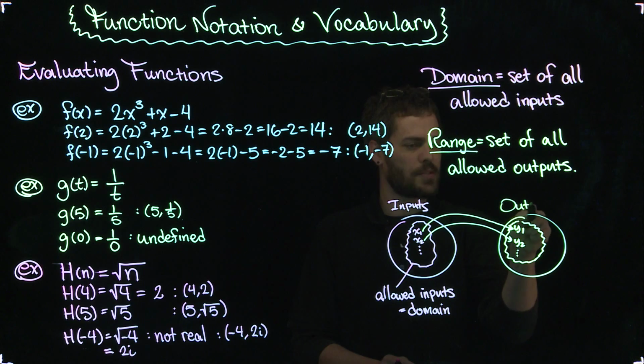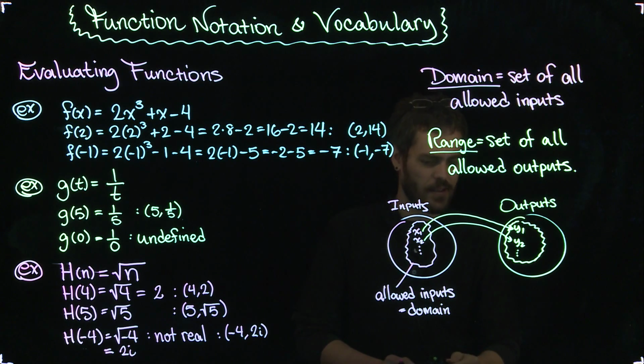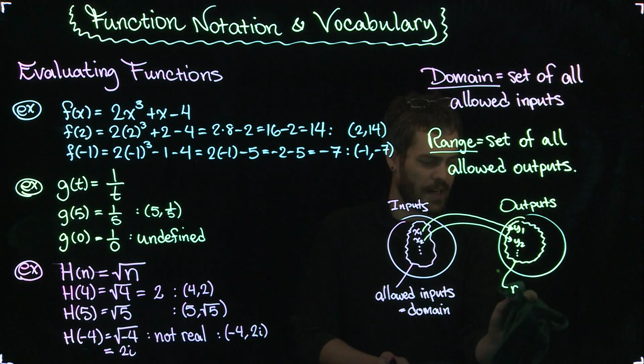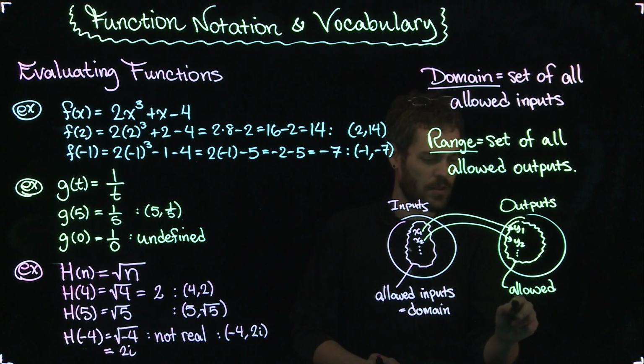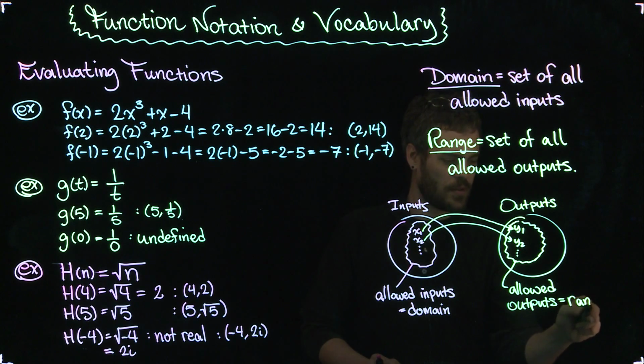Here are outputs, and in my squiggly little set there is the range, which is, let me write it the same way I did there, allowed outputs. Allowed outputs equals the range.